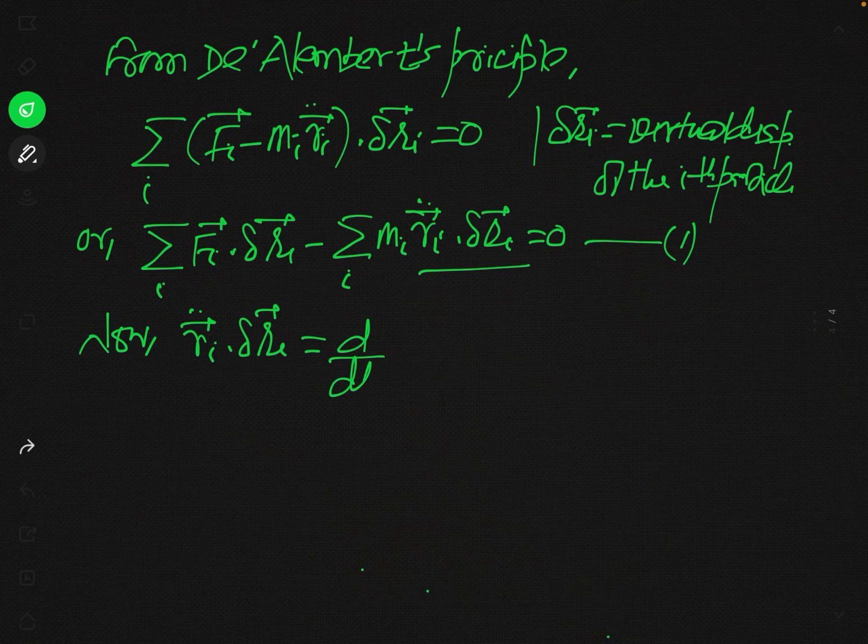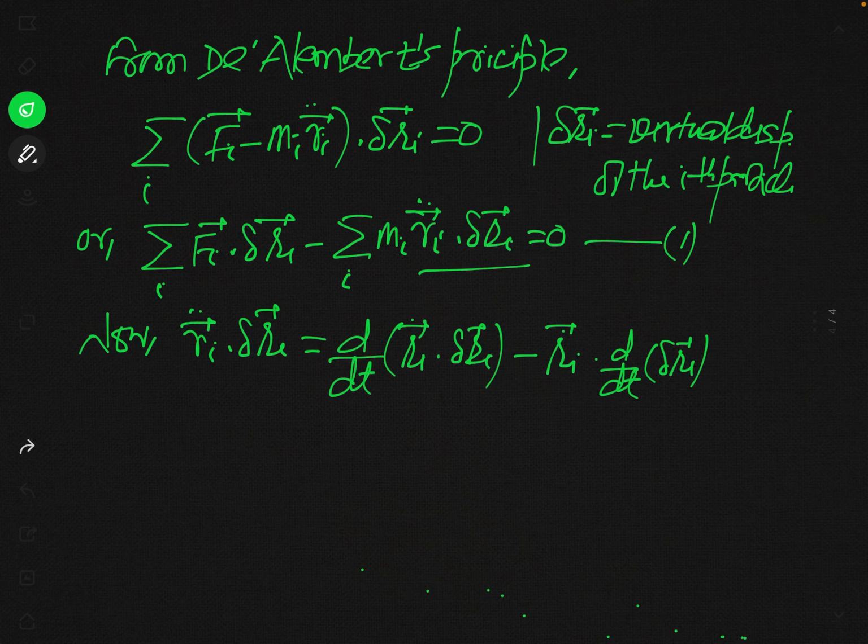This is d dt of Ri dot delta Ri, minus Ri dot d dt delta Ri.